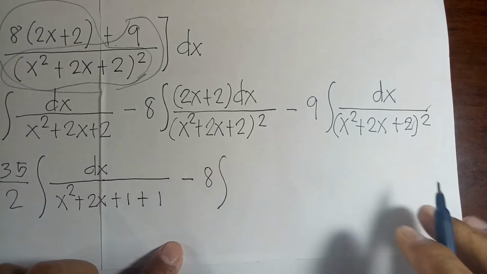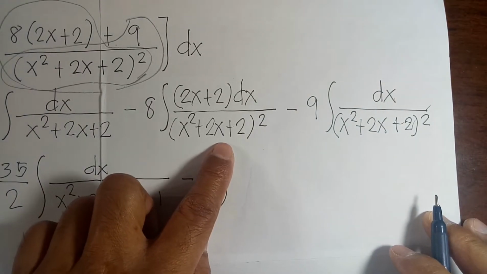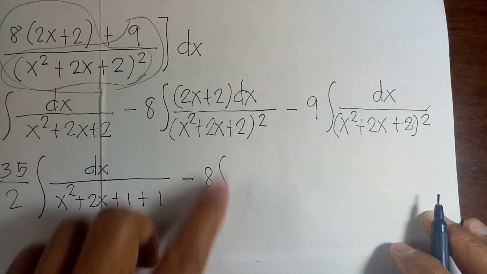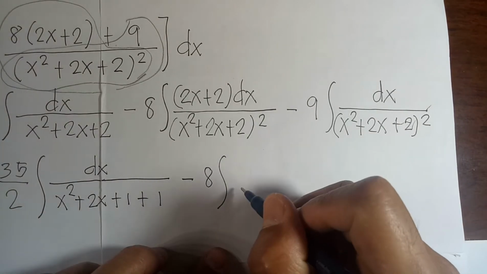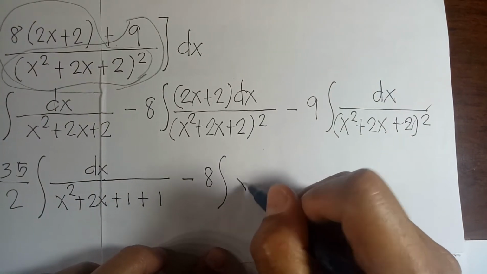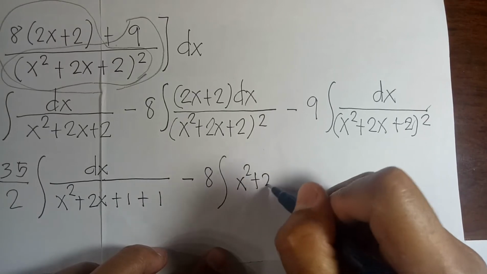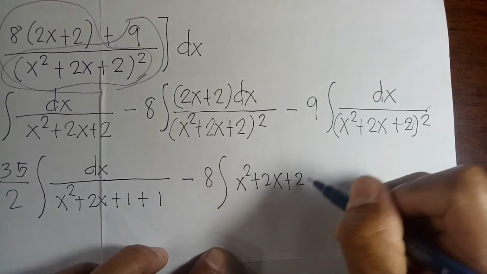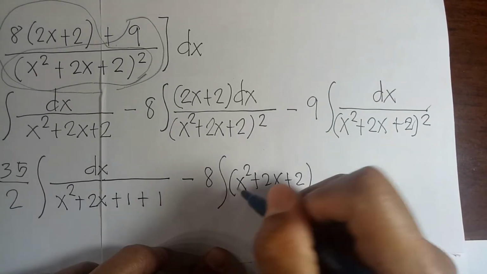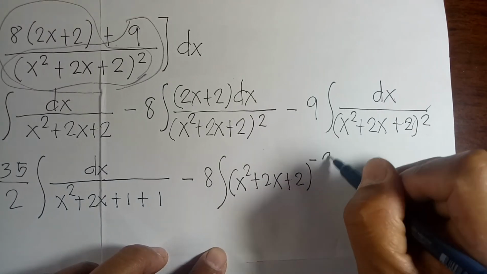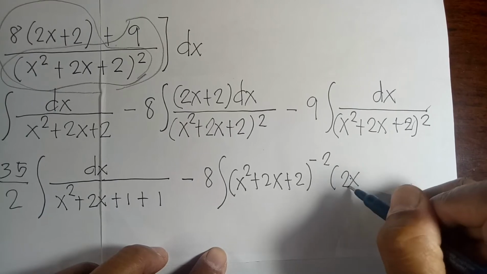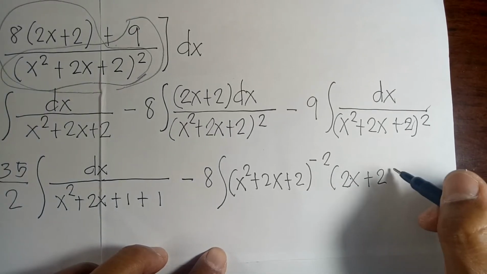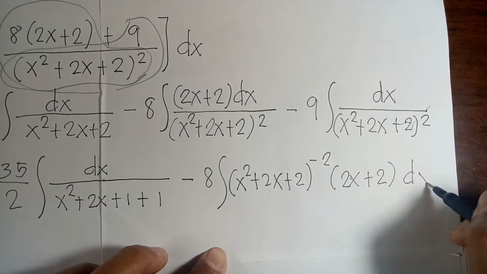Tapos, sa dito, para ma-apply natin yung general power rule for integration, ang gagawin natin, isulat natin yung x squared plus 2x plus 2 raised to negative 2 and then times 2x plus 2 dx.